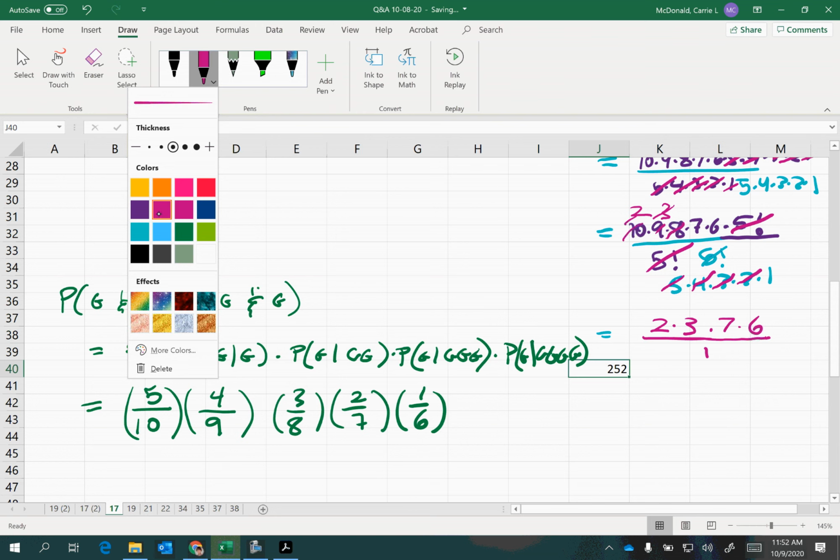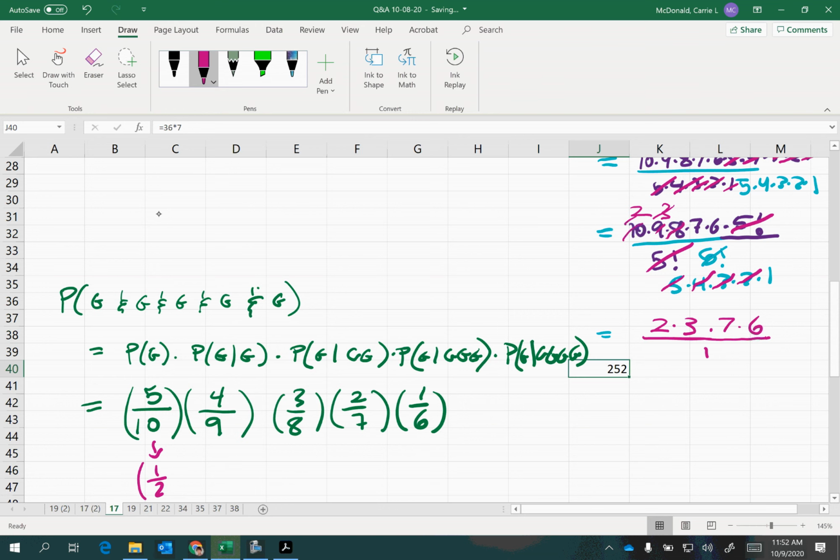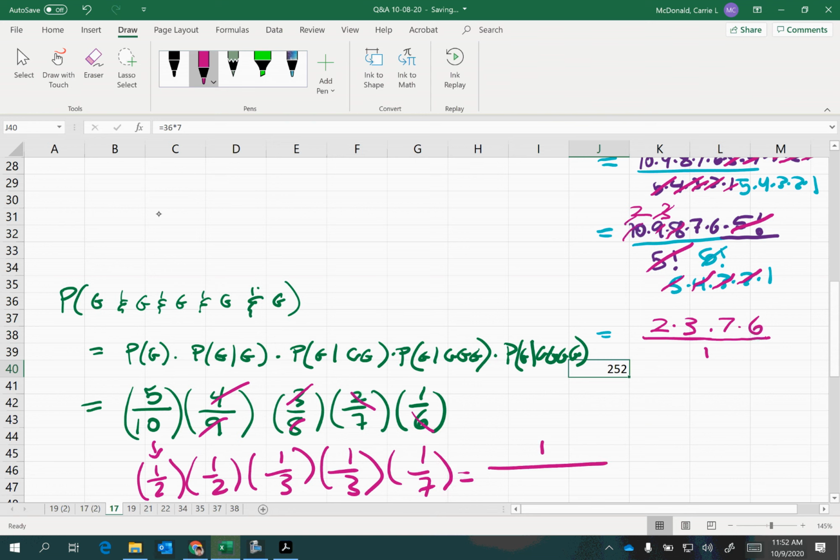So notice that this becomes 1/2. This could be 1/2. This could be 1/3. This can be 1/3. And then I have 1/7. So notice that I get 1 across the top, and then in the bottom, I have 1/2, 1/2, 1/3, 1/3, 1/7.